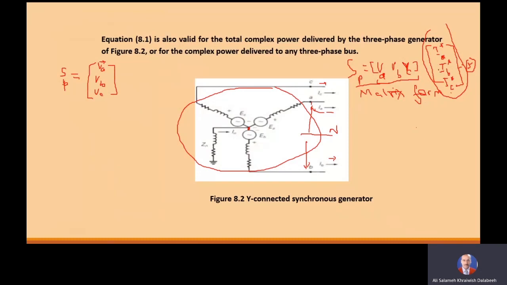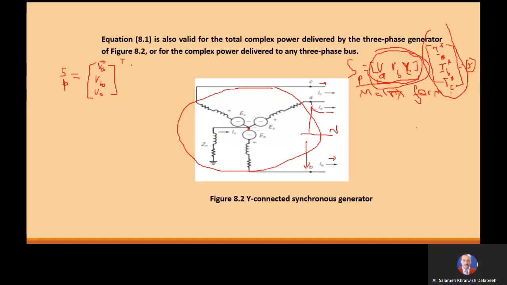If we want to write this vector as a row vector, we use the symbol T. T denotes the transpose. The transpose of a column vector is a row vector. So this vector is the same as this vector.